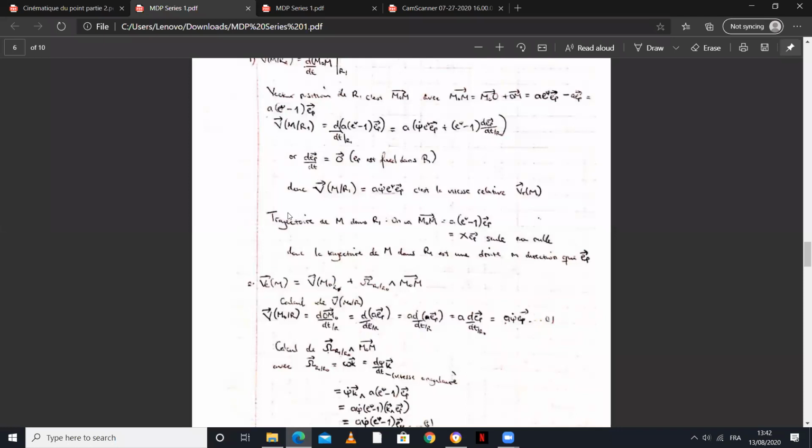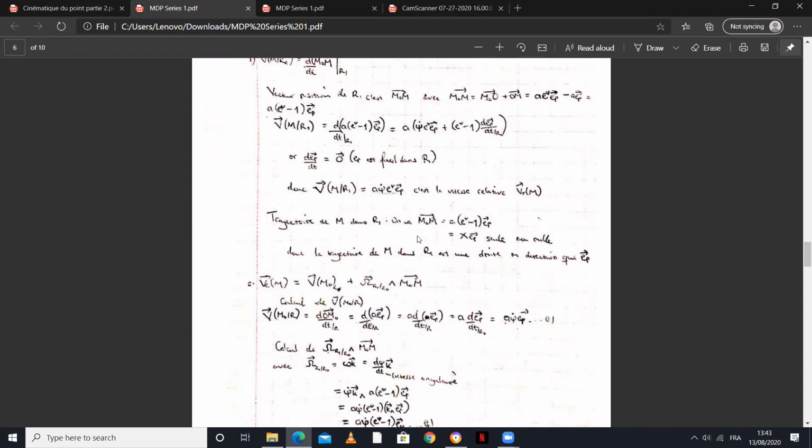The trajectoire de M. Okay, the question is asking, what's the trajectoire of the point M dans R1? First of all, you need the vector position dans R1. The vector position in R1 is M0M. So what's the value of M0M?